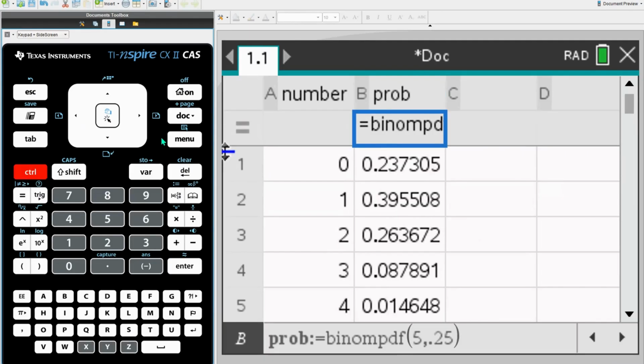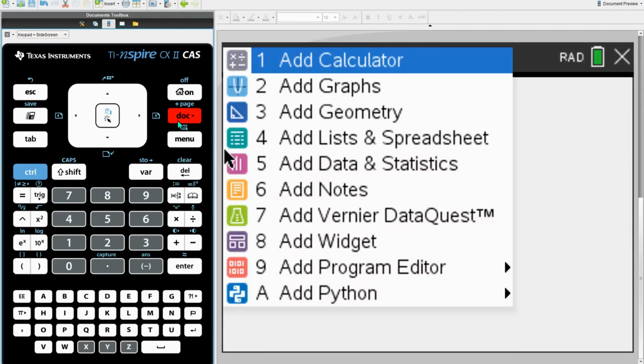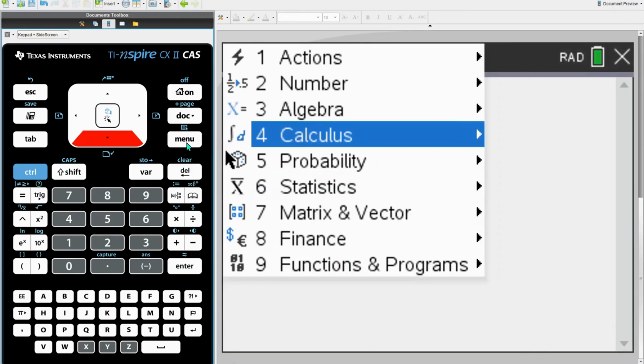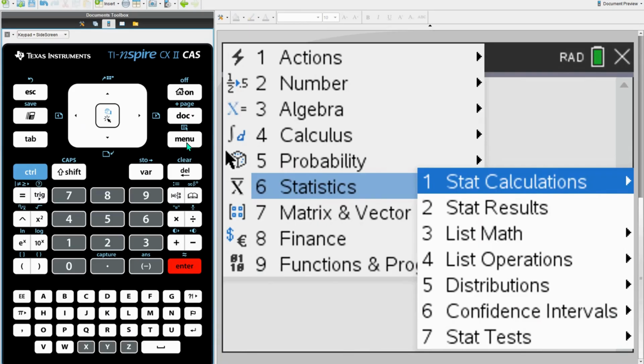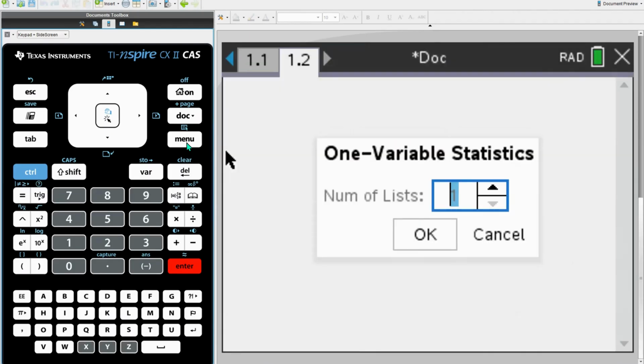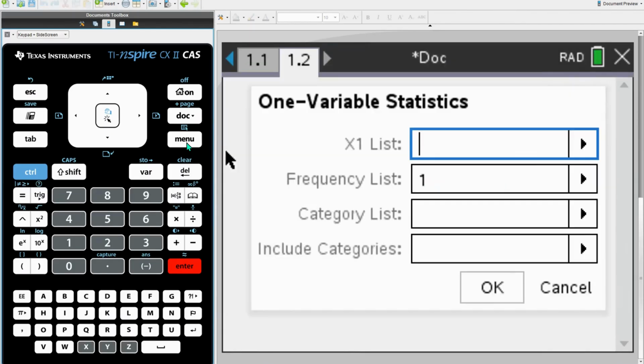If I then create a calculator page, and say, well, I would like to find out from that distribution, what is the mean and the standard deviation? I'd go stats, stat calc, and one variable statistics. I've only got one list of data.